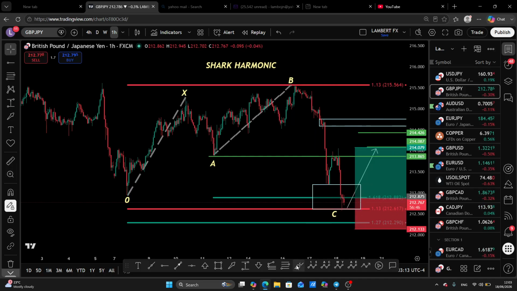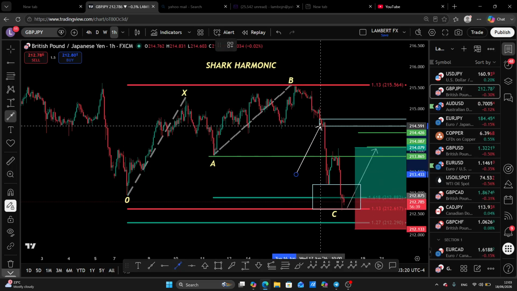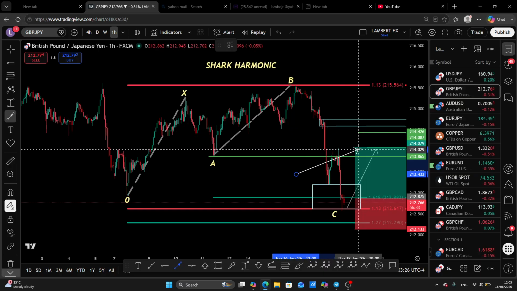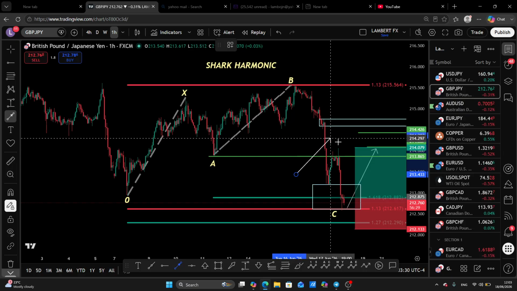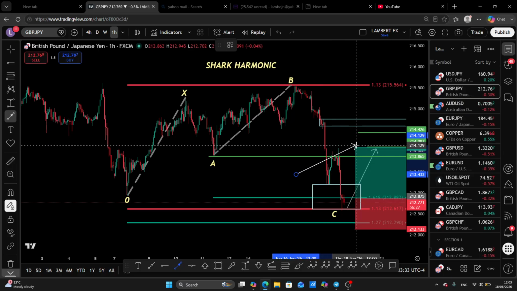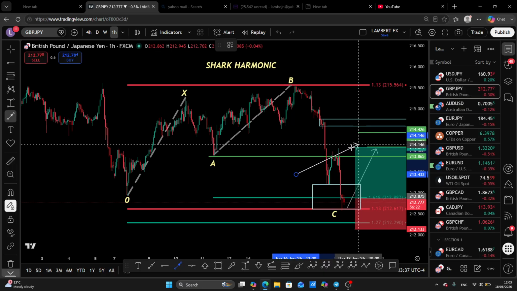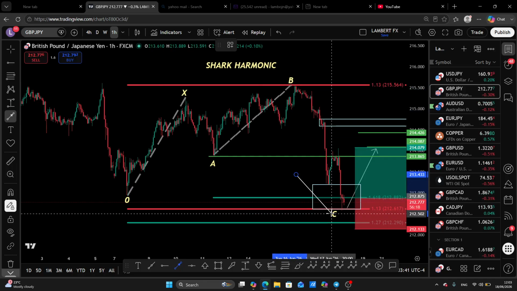But I've mapped out a supply zone right here, which is just above the 0.618 second take profit right there. So the market could rally up to the supply zone and then we get a reaction off here. But I think I'll be comfortable to take the whole profit at 50% of this BC leg.